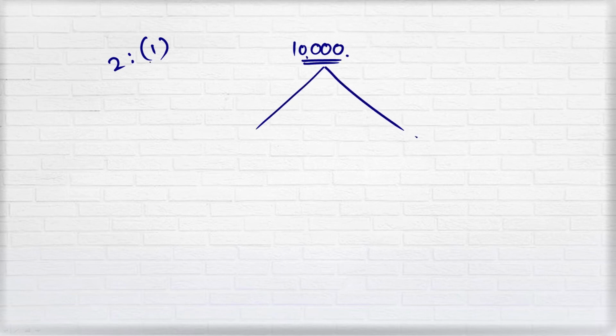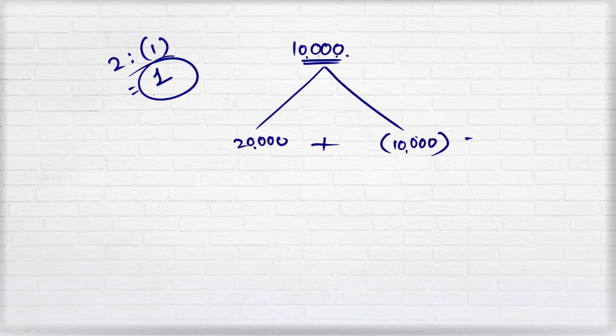What is 2 plus minus 1? 1. 10,000 divided by 1 will be 10,000. Multiplied by 2 will be 20,000. 10,000 multiplied by minus 1 will be negative. What is the total? 10,000.